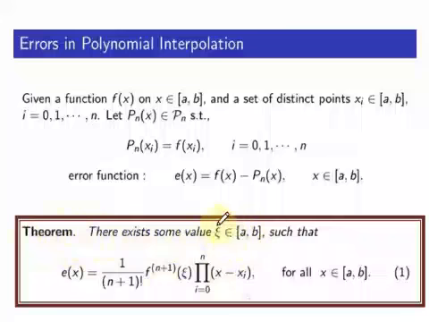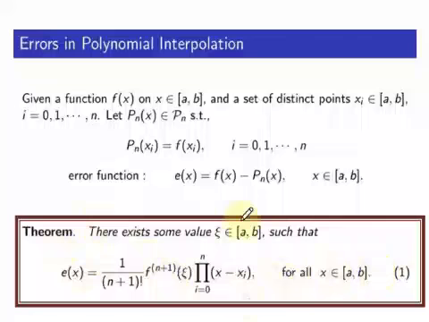Here we don't know what psi is, but we can say it exists, such that the error function is exactly equal to 1 over (n plus 1) factorial times the (n plus 1)th derivative of f at that psi times the product of these linear factors. This is true for all x on the interval.